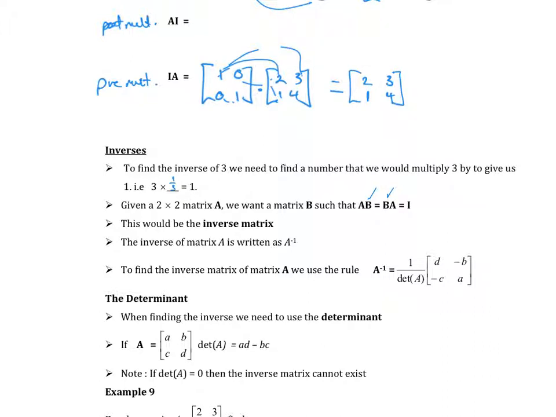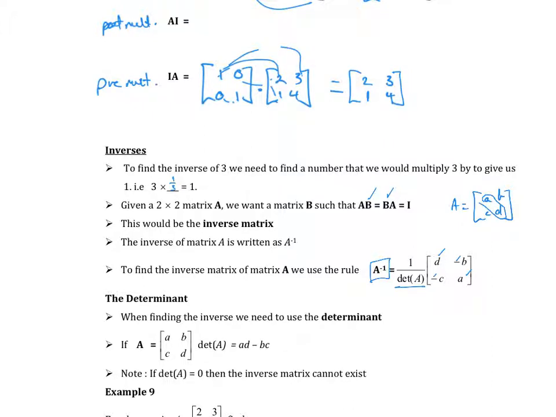Now this inverse matrix has a particular property. So if A is equal to the matrix A, B, C, D, then the inverse, A inverse, is given by 1 over the determinant. And what happens here? We swap A and D, so we swap our diagonals, and we change the sign on the other diagonals.